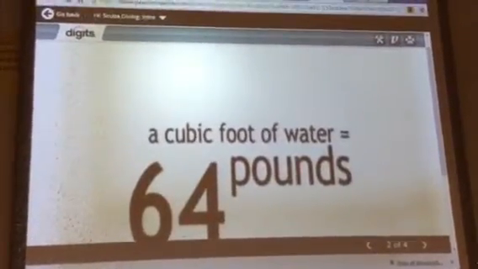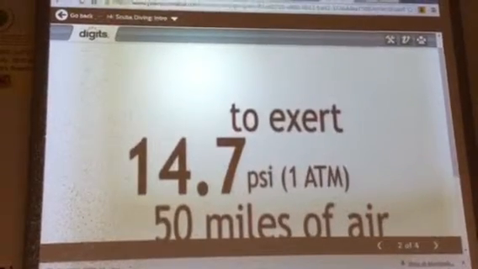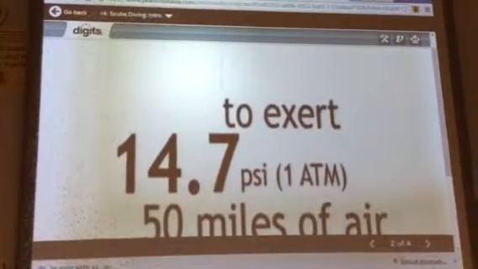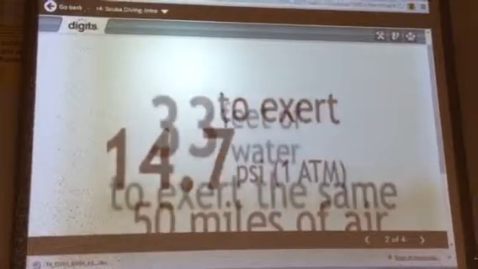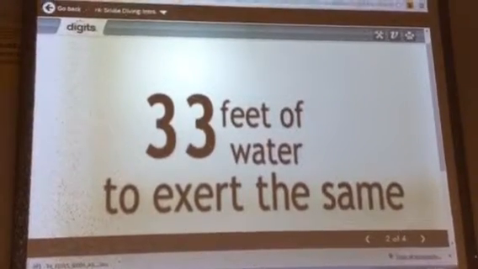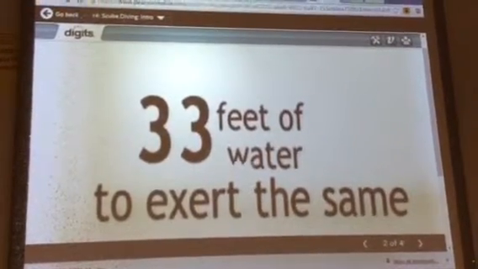Scuba divers have to be concerned with air pressures because water is much heavier than air, so it exerts higher pressures with less volume. A cubic foot of seawater weighs 64 pounds. To exert 14.7 psi, 1 ATM, it takes 50 miles of air, whereas it only takes 33 feet of water to exert the same pressure.